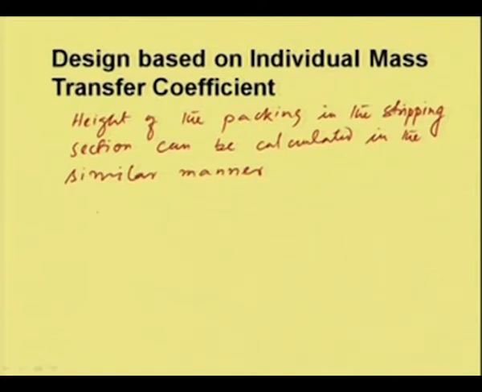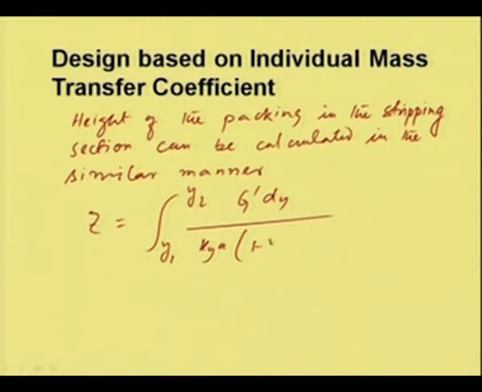So, the design equation we can write: z will be integral y1 to y2 g dash dy divided by kya into 1 minus y into yi minus y.